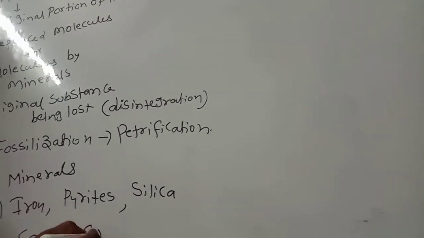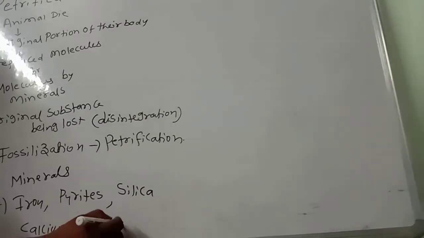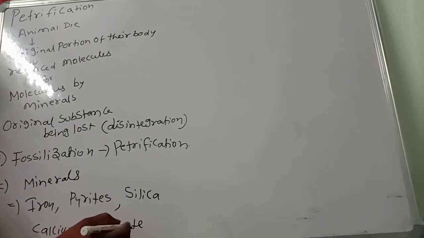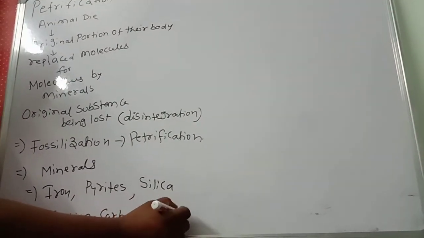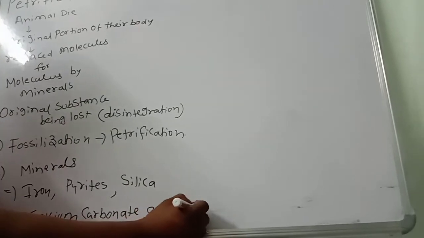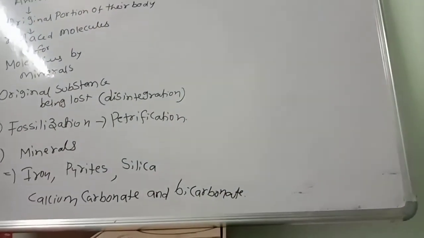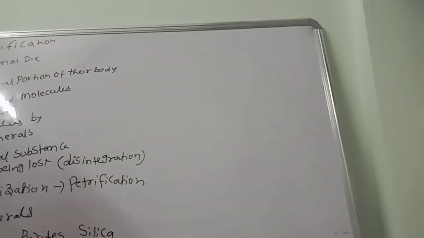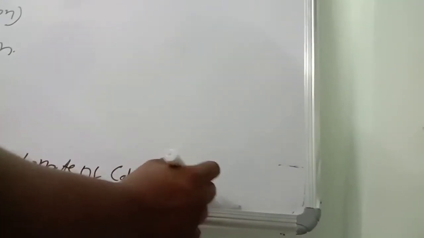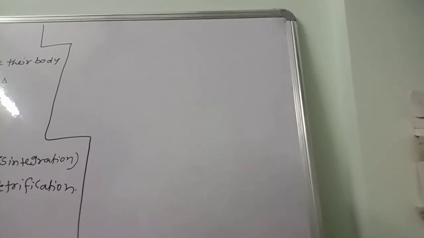Calcium carbonate, bicarbonates, carbonates of calcium, and bicarbonates of calcium and magnesium. This is one type of fossilization, petrification.